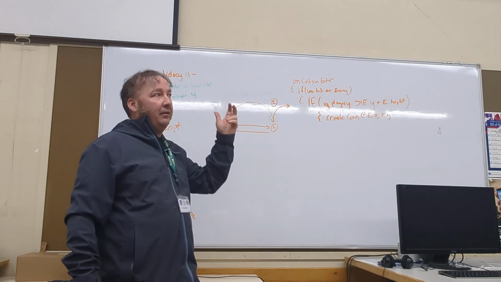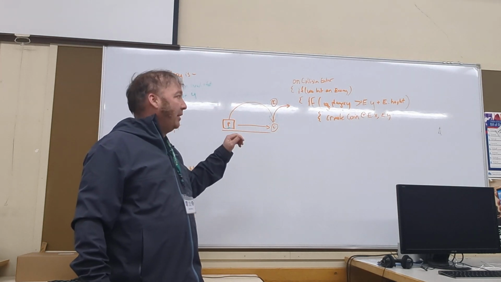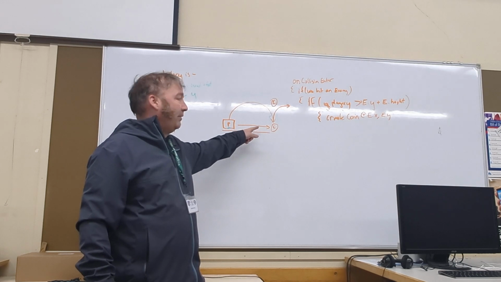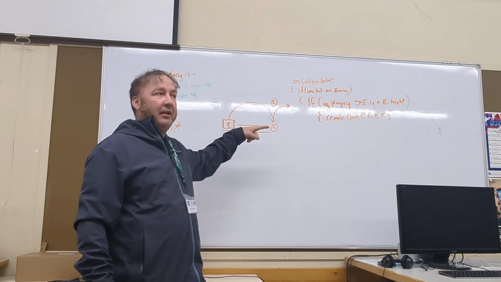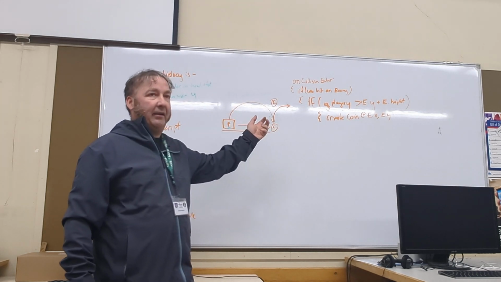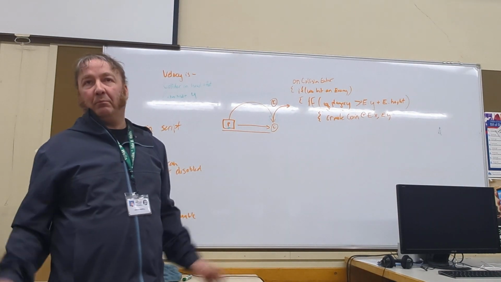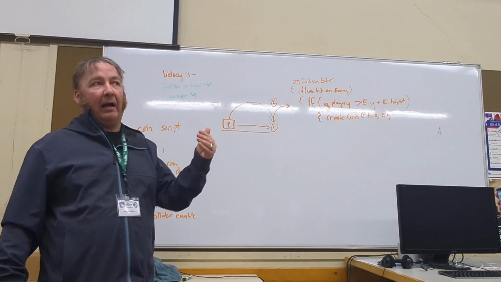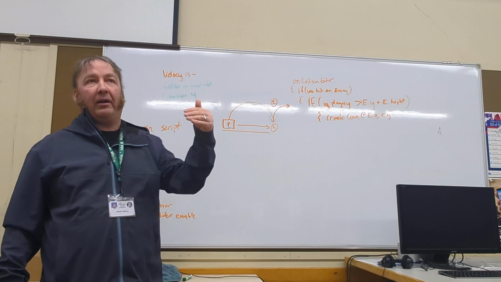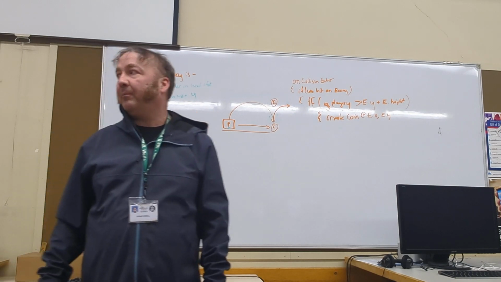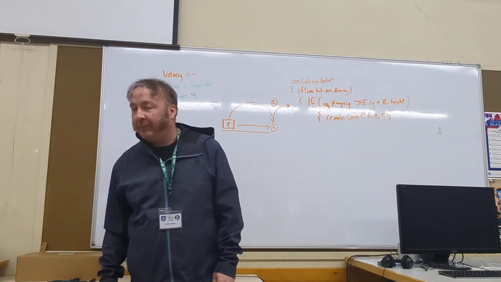So it needs to be short enough that the player feels like it's seamless, and long enough that you don't immediately collect it. So I'd say a half a second is probably the longest you'd want your timer to be. It's going to be some kind of fraction.